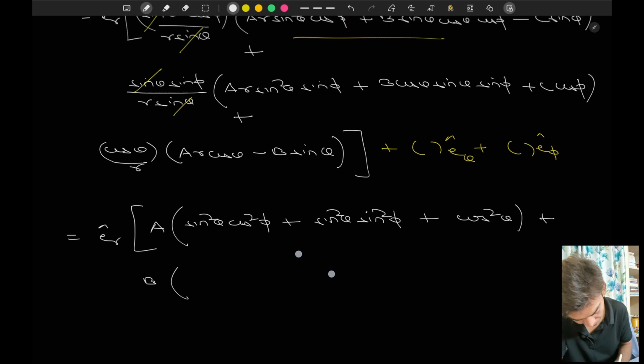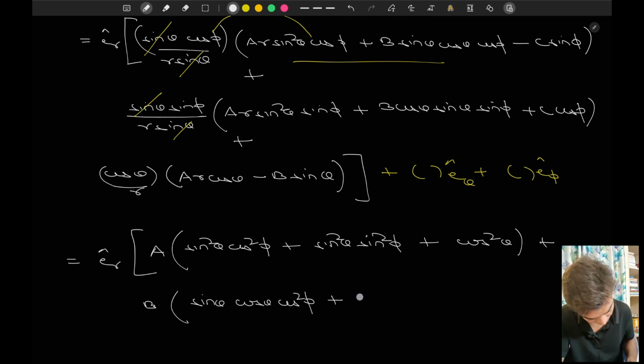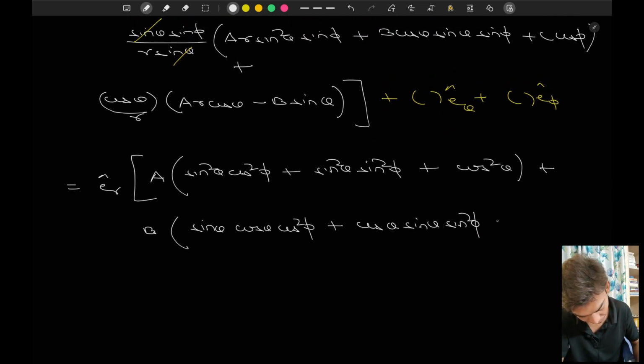Plus the b term. So for the b term, this guy gets multiplied with this guy, so we have sin theta cos square phi. Then from here we get cos theta sin square phi, and from the last term we will have minus sin theta cos theta, right?